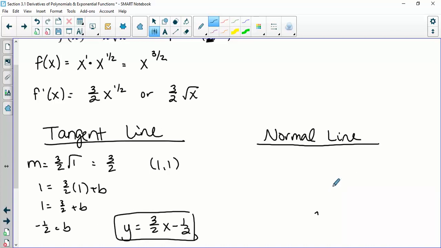And then I ask for the equation of the normal line. The normal line is perpendicular to it. So if the tangent line had a slope of 3/2, what's the slope of the normal line? And it's still the same point, (1, 1). So plug in y equals mx plus b.